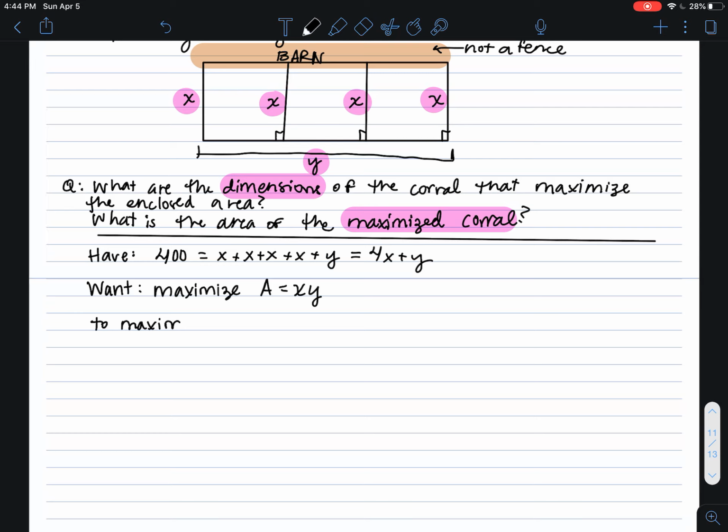So to maximize A, or I guess to find the maximal A, we need to take a derivative. So we need A to be in terms of one of our values, either x or y. I'm going to choose x.